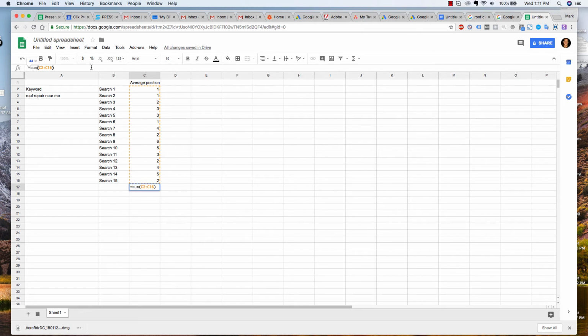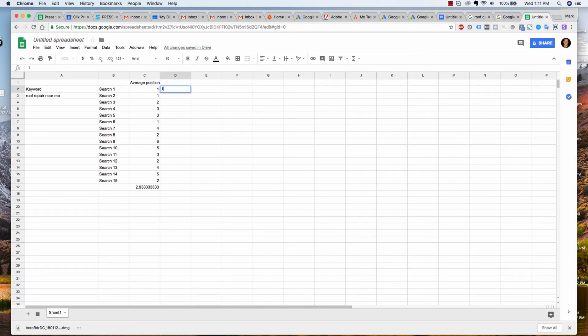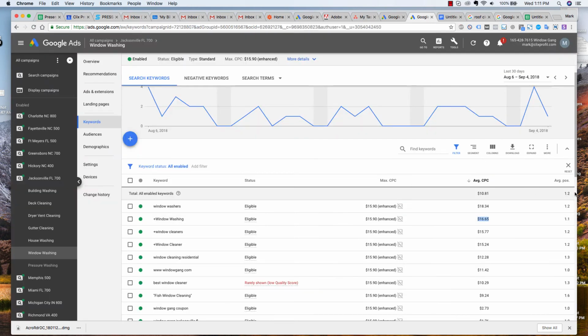So 2.9. The average position out of all of these searches would be 2.9. So when you see an average position of 1.2, this probably looks more like this. This keyword is showing up in the top position most of the time.